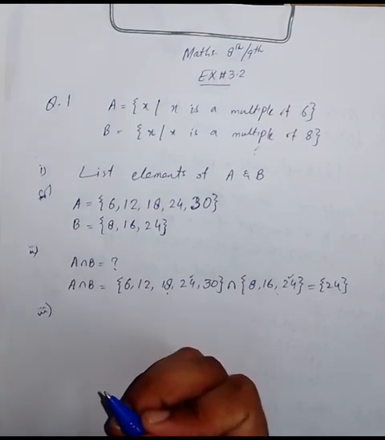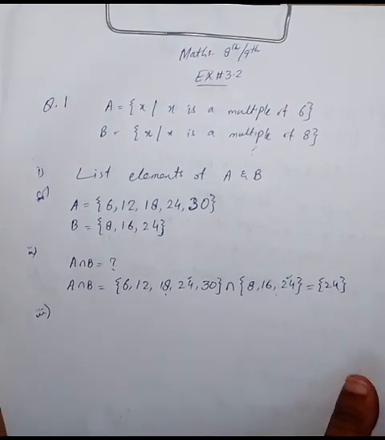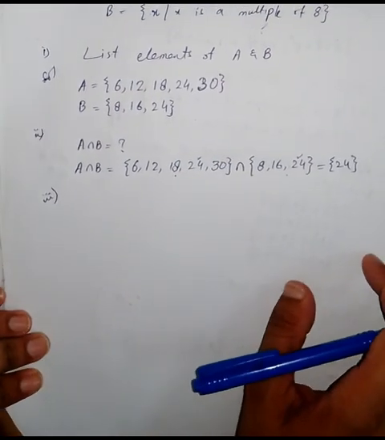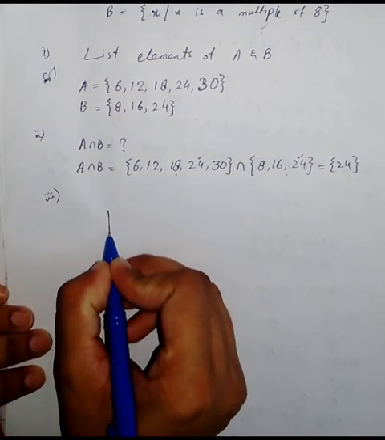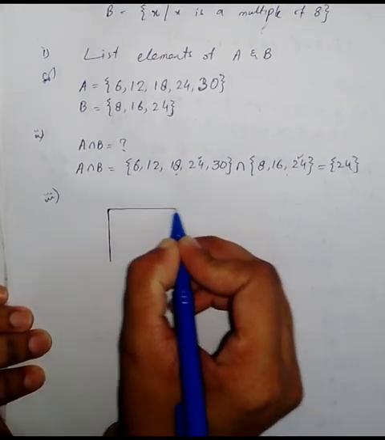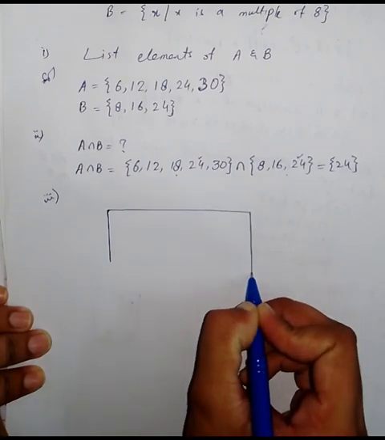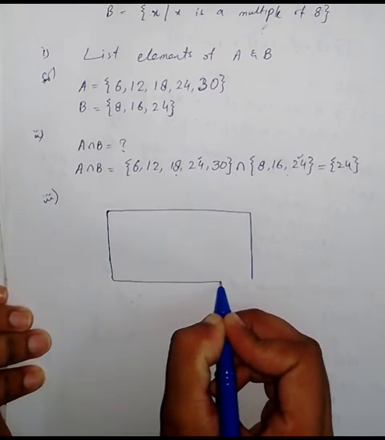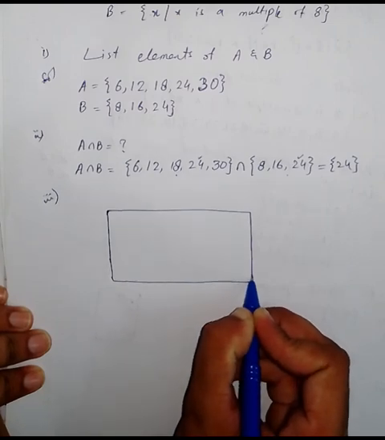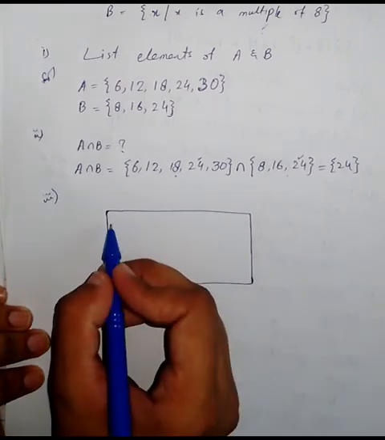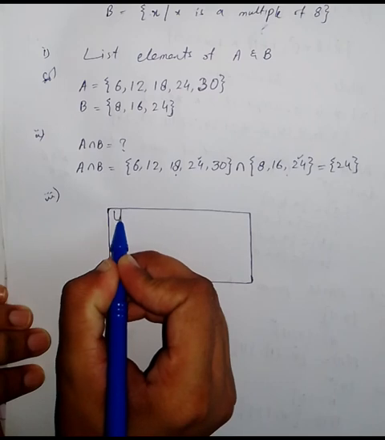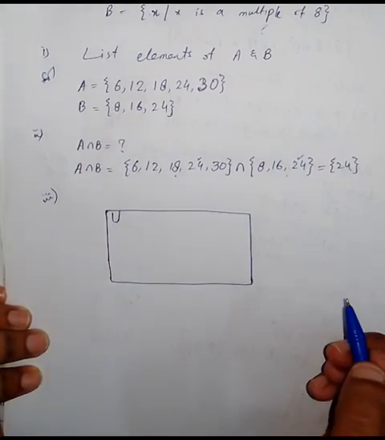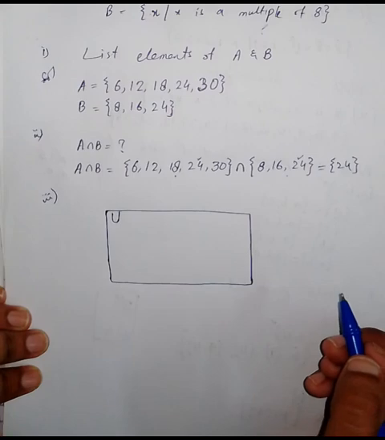So how to draw a Venn diagram? Firstly, you have to draw a rectangle. This rectangle represents the universal set U. In this question, universal set U is the set of all even numbers from 0 to 30.